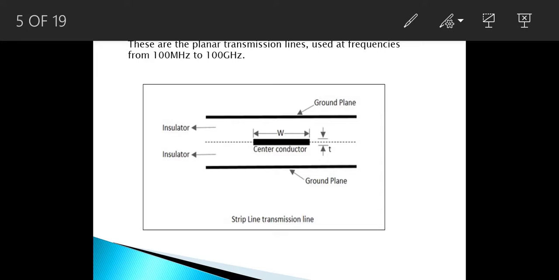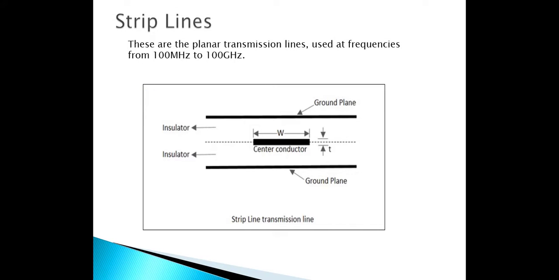As shown in this diagram, the center conductor need not be equally spaced between the ground planes. In the general case, the dielectric material may be different above and below the central conductor. To prevent the propagation of unwanted modes, the two ground planes must be shorted together.